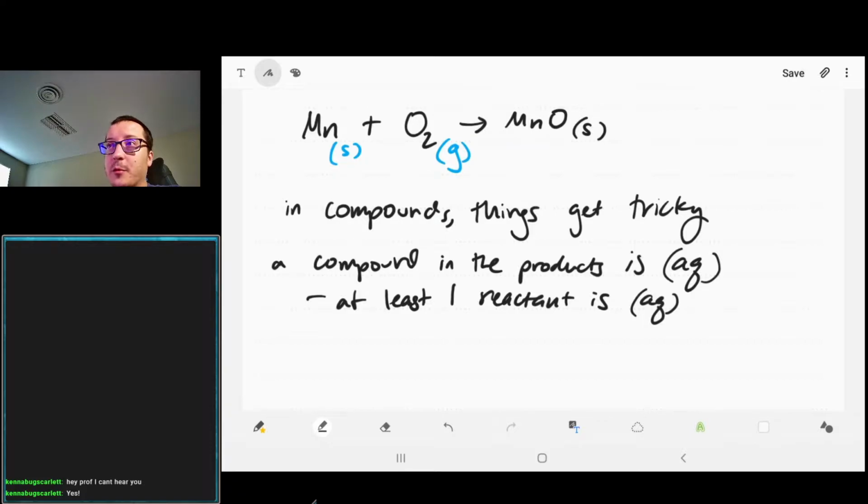So if your reactants do not have water anywhere with them, there's no reason for a product to be aqueous either, because there's no water to dissolve it. And so we need at least one reactant to be aqueous. By and large, most reactants that we deal with will be aqueous. The other criterion is that it needs to be a soluble ionic compound.